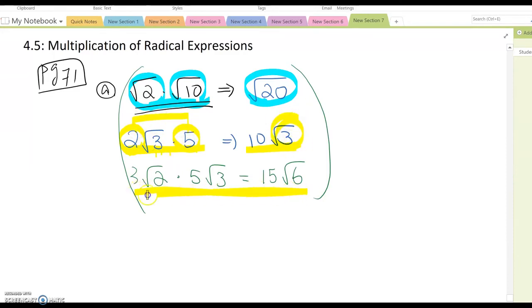So this one you can do much better because we have rational and also radical, and then you see the answer here. I only multiply rational together and then radical together. So I got 15 root 6.